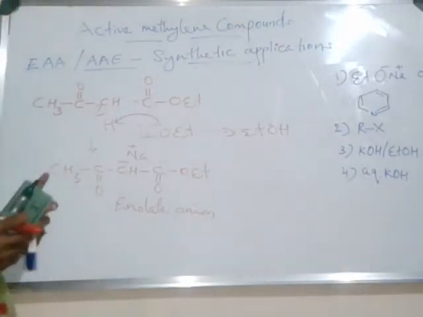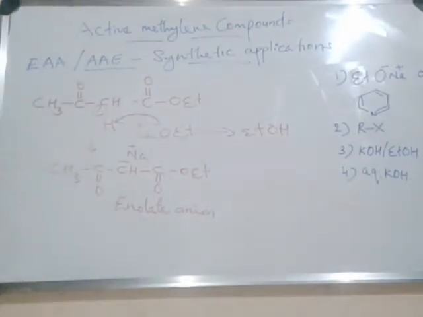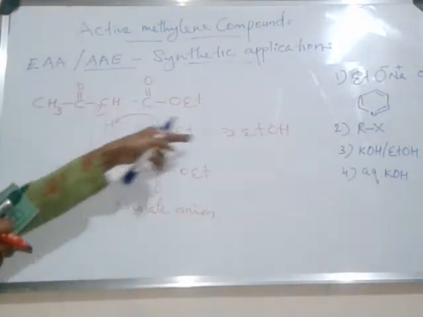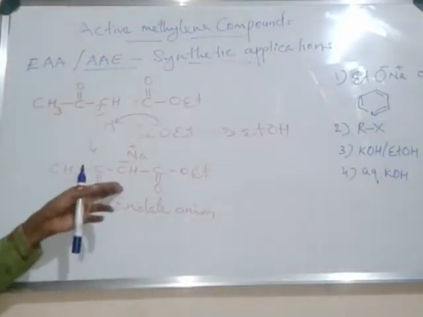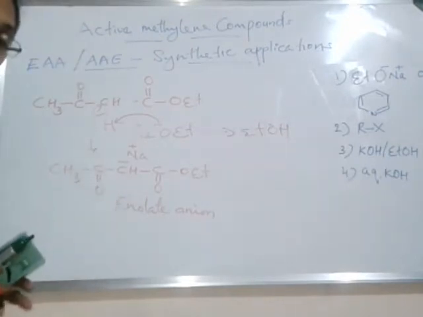Then, in the first step of many reactions, we can use sodium ethoxide as the reagent to abstract the methylene hydrogen H plus and form an enolate anion.